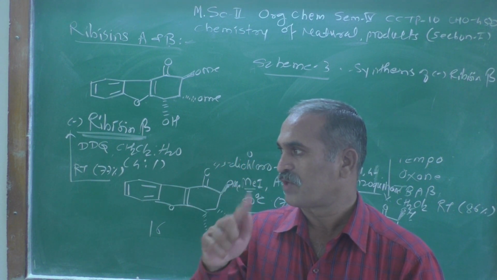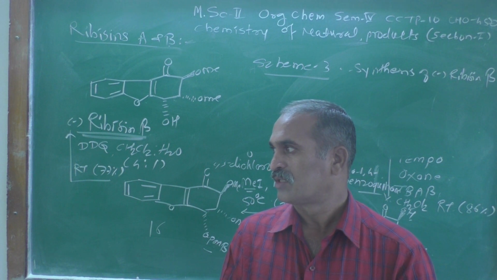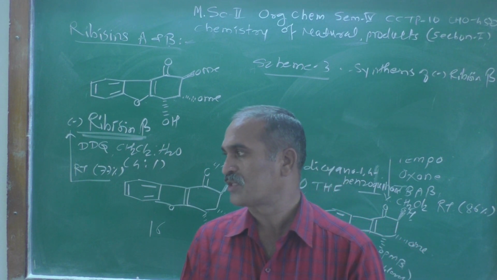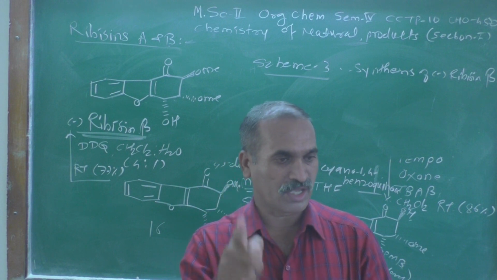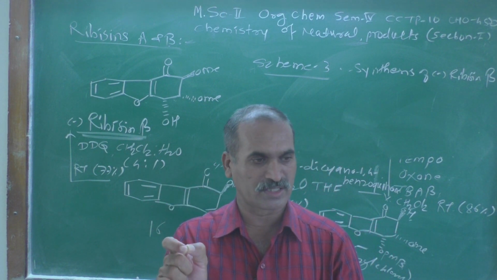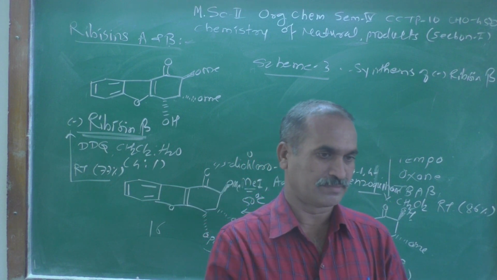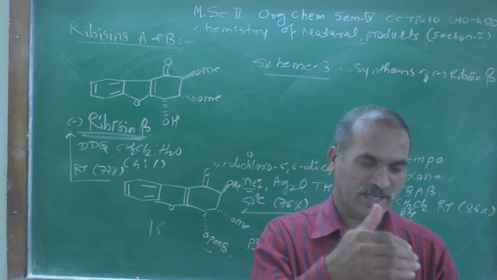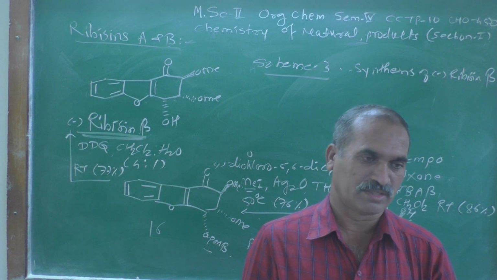Mathematically, chemical shift delta is equal to frequency of sample peak minus frequency of TMS. TMS means tetramethylsilane, which is used as an internal standard.